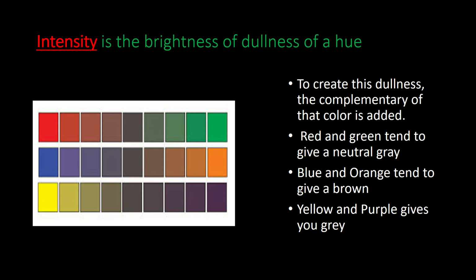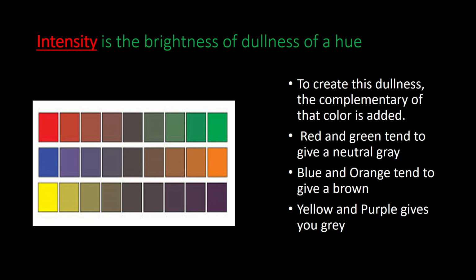Now, intensity is the brightness or dullness of a hue. So, if a color is very, very bright, then the intensity is high. You can dull the intensity by adding its opposite color. For example, you add green to red, it will start making it duller until you get a brown.